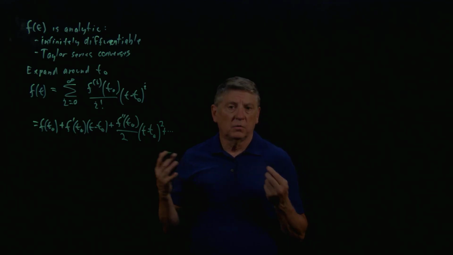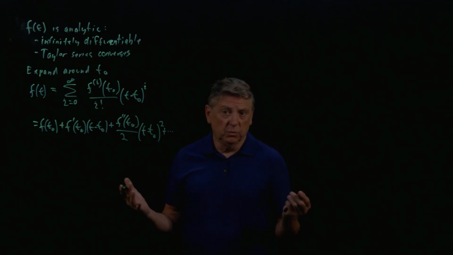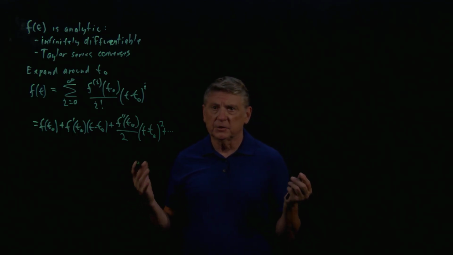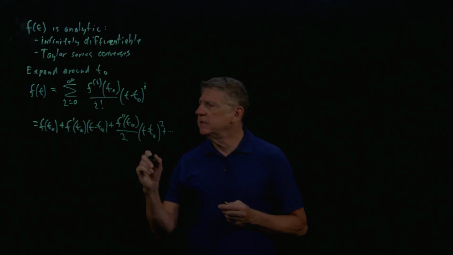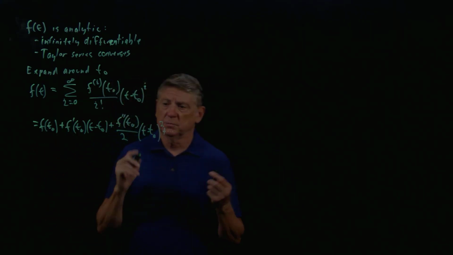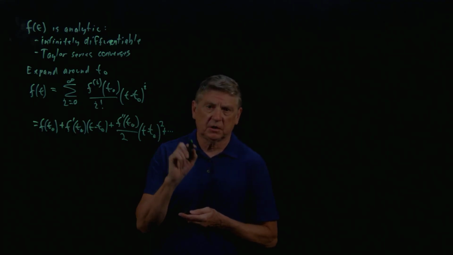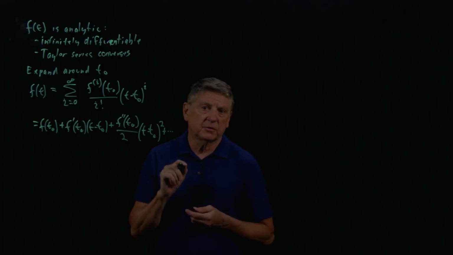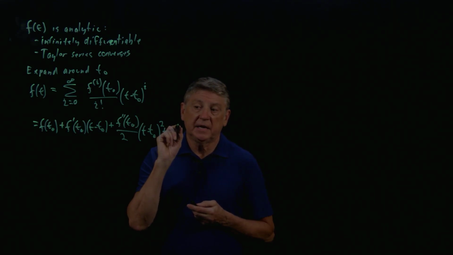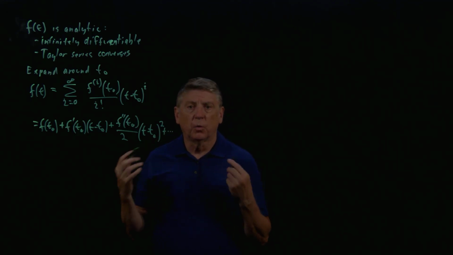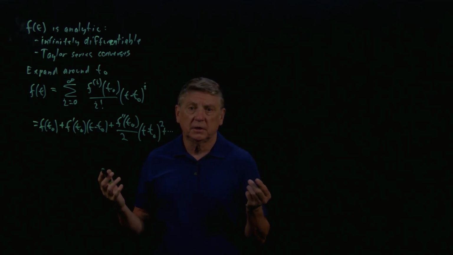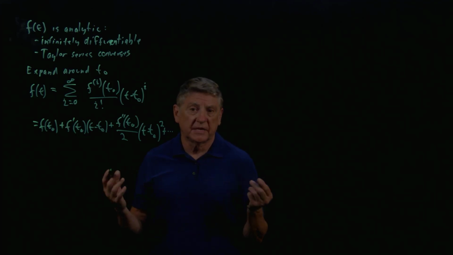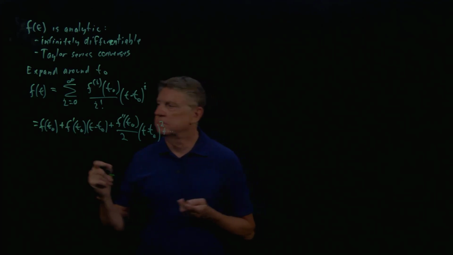And so what do we do with this kind of infinite series? Well, there are many forms of expressing the remainder, the plus dot, dot, dot. There's a mean value form, there's an integral term, and the one that we'll be using, the one that we'll take advantage of, is called the Lagrange remainder.